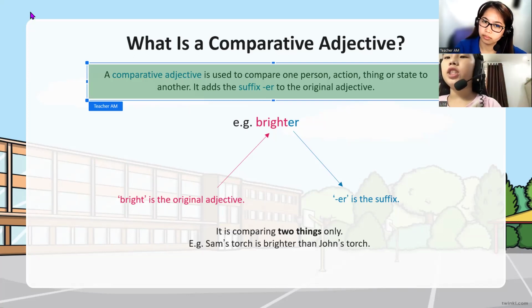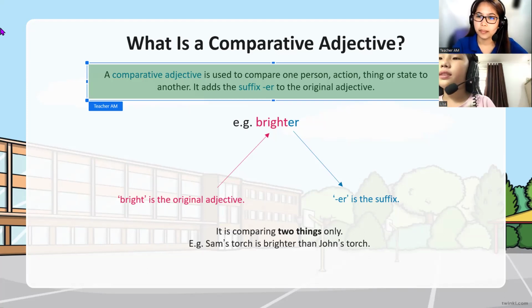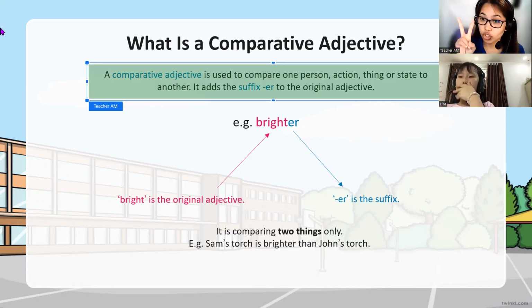It adds the suffix er to the original adjective. Very good. In other words, we use a comparative adjective if we compare two nouns. It can be two people, two animals, or two things.